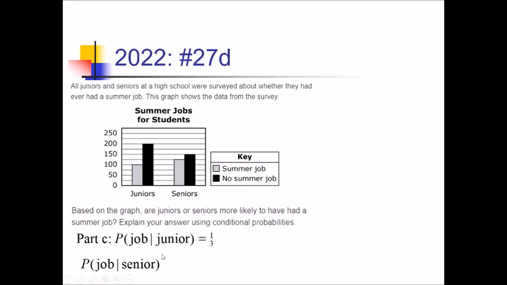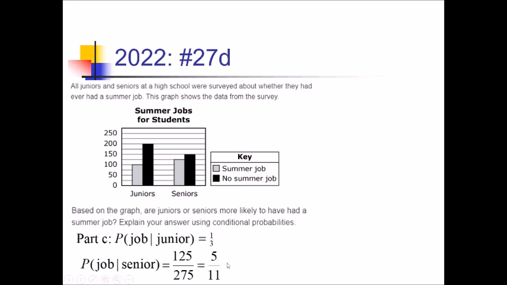So the total number of seniors was going to be 125 plus 150, so 275. And the seniors that had a summer job was 125. Reducing this so I can more easily compare it to 1/3, this is going to be 5 over, let's see here, 11, I think. 11 quarters to get $2.75.